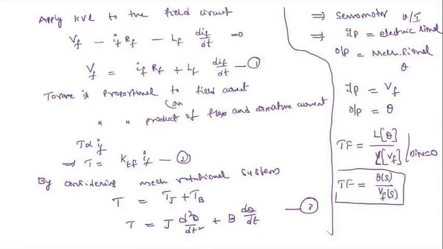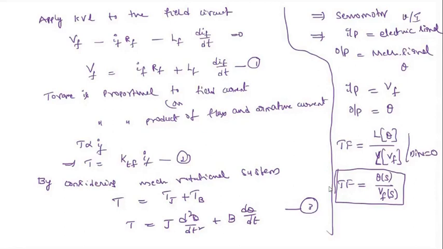Without knowing this, you can't do the further steps, because without knowing your aim, you cannot proceed further. So you should know what the transfer function is, and for that, what the input and output are. For a servo motor, the input is an electric signal, either voltage or current, and the output is a mechanical signal, that is angular displacement.